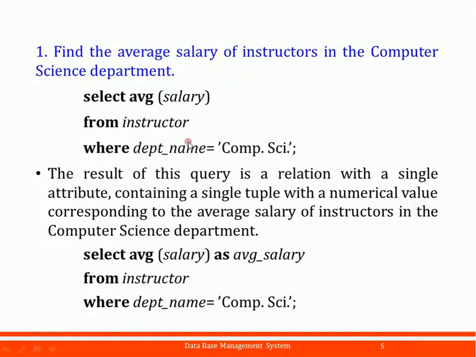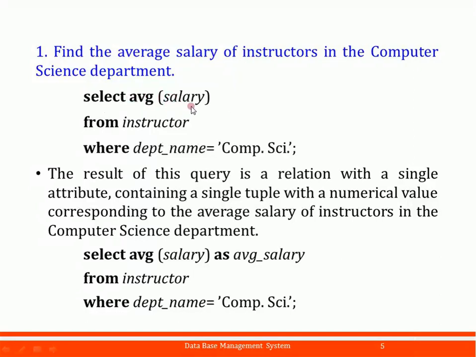So what this query will do is that it will get the list of instructors who are having the department name as computer science. From the list of tuples, it will get the salary and find the average of those salaries. So that is the work of this query.